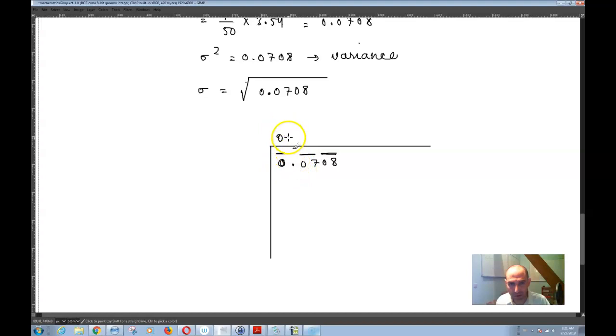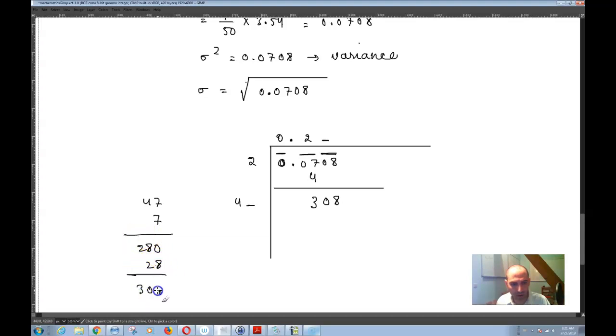Then this decimal point comes up here, and with the first group, 2 times 2 is equal to 4, and subtract from this, you'll get a 3, and then bring this 0.8 down. 2 plus 2 is equal to 4, 1 digit here, 1 digit here, and 47 times 7 is equal to 280 plus 28, 308.